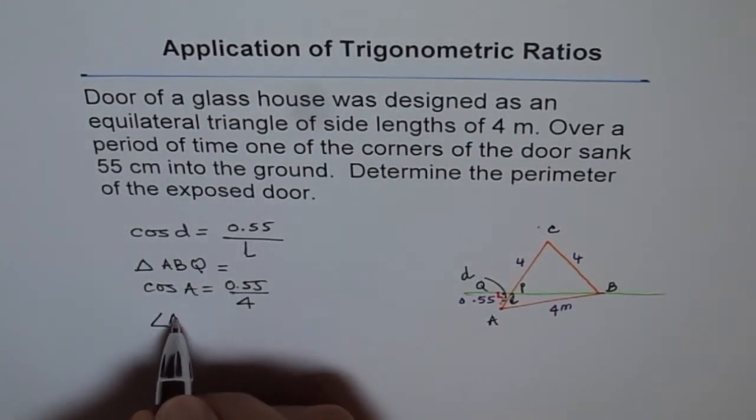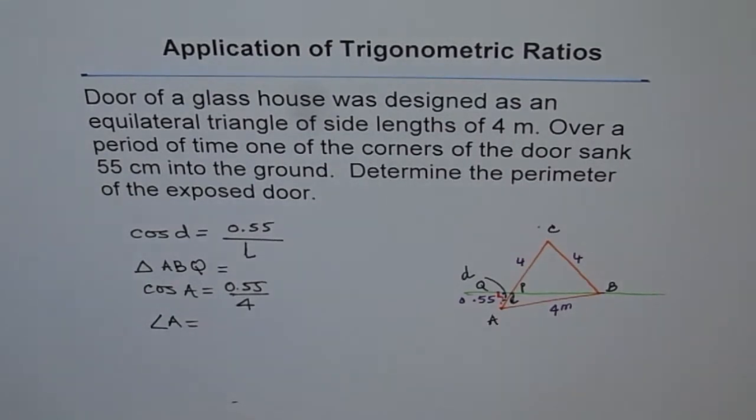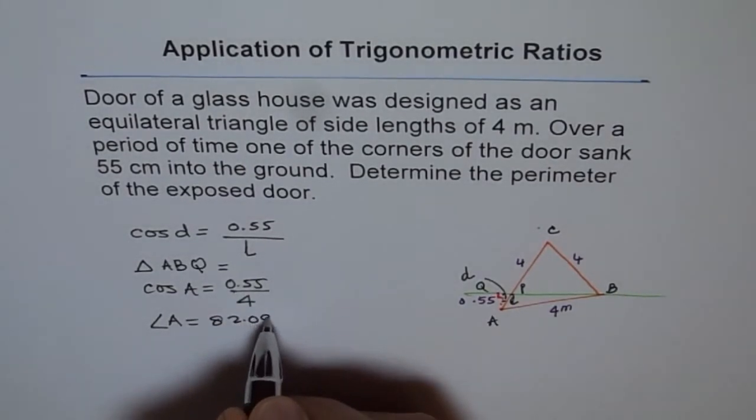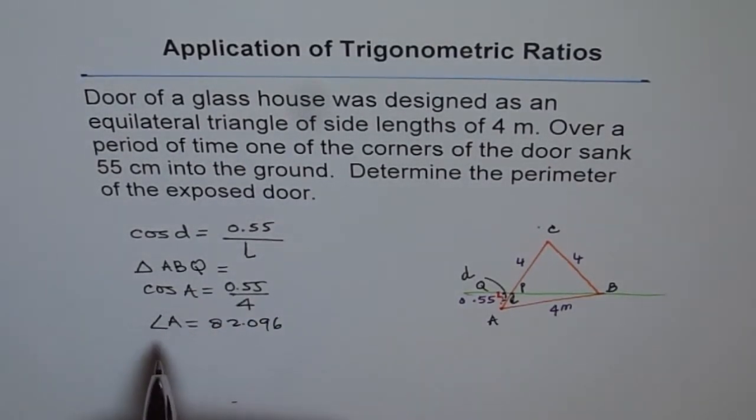Therefore angle A equals cos inverse of 0.55 divided by 4, which is 82.096.